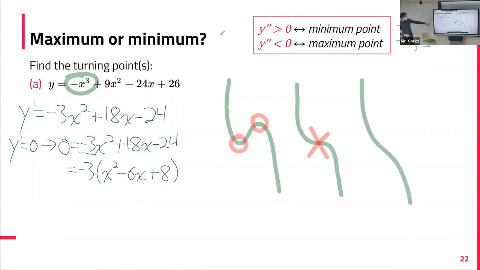Okay, so we factored out the -3, and now we have a coefficient of 1 on the x. That's very nice because it lets us do the sum product method. 2 numbers that add to -6 but multiply to +8. What numbers could that be?